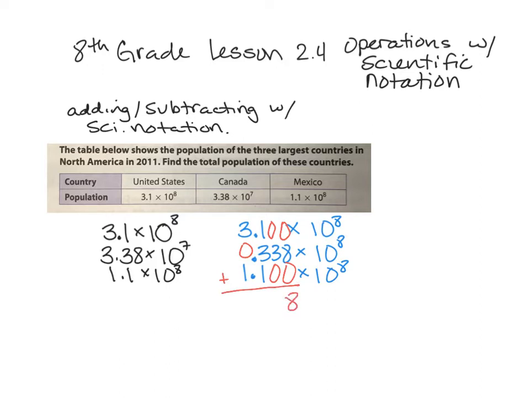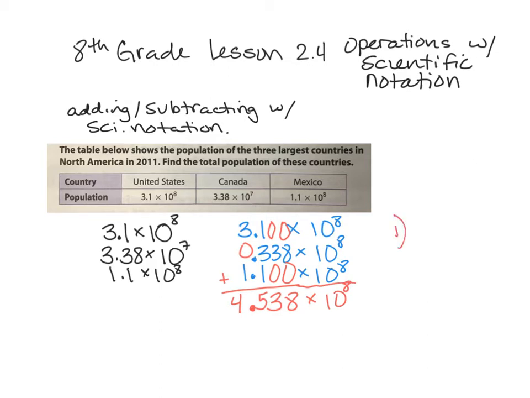I get an 8, 3 plus 1 is 4, plus 1 more is 5, decimal straight down, and 3 plus 0 plus 1 is 4. This doesn't change. This is all still to the 8th power, so I don't have to add that up. That's how you add with scientific notation.